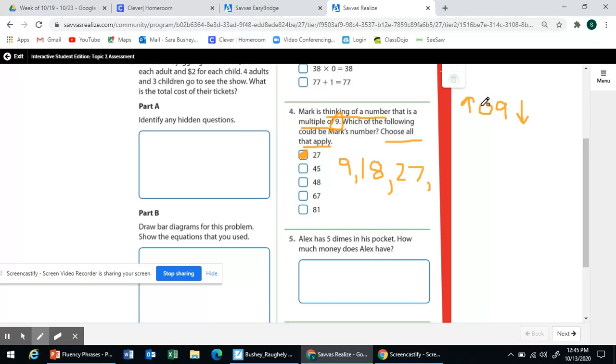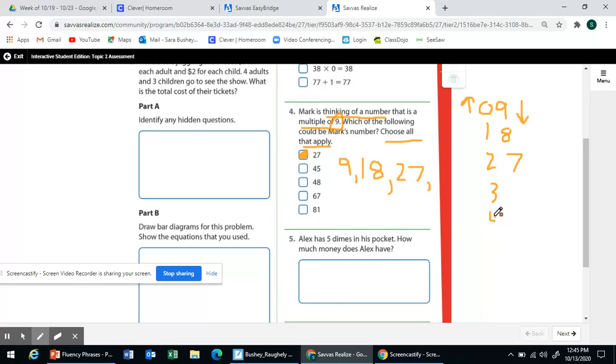So what comes after 0? 1. What is 1 less from 9? 8. This is much simpler than that way. What is 1 more from 1? 2. What is 1 less from 8? 7. You see what I'm doing? Do you see how I'm going up? I'm going down. So let's focus on just going up.